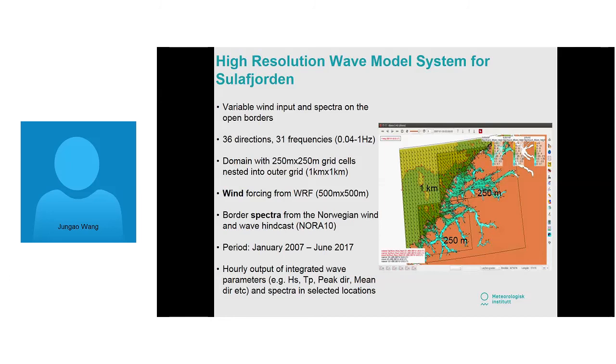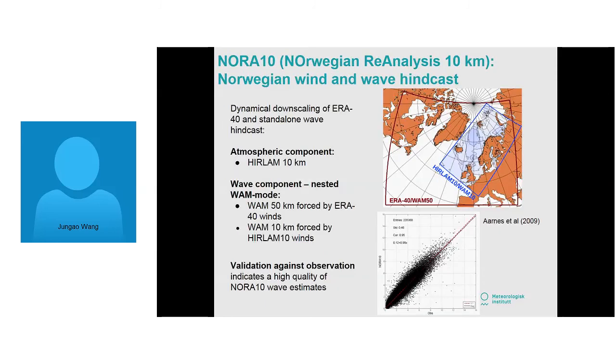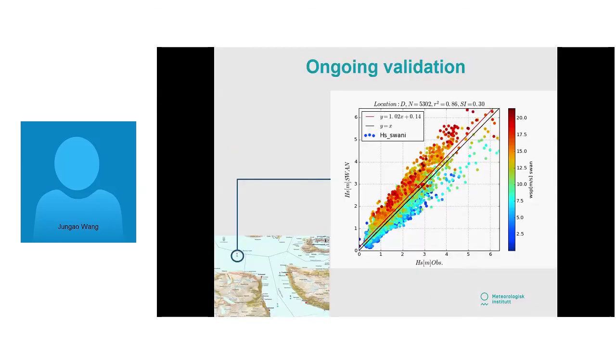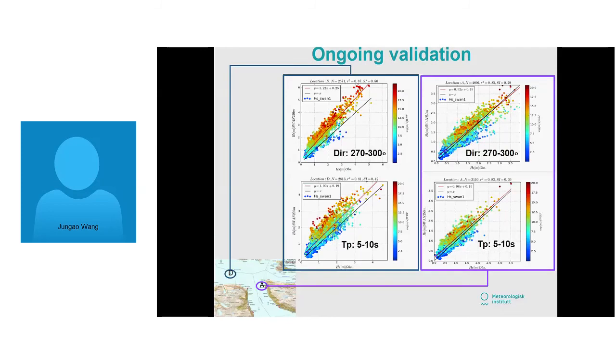Maybe, yeah. And also one thing, you show the validation or the comparison between SWAN and the measurement. You show the result only from 270 to 300, right? The direction range, yeah, here.